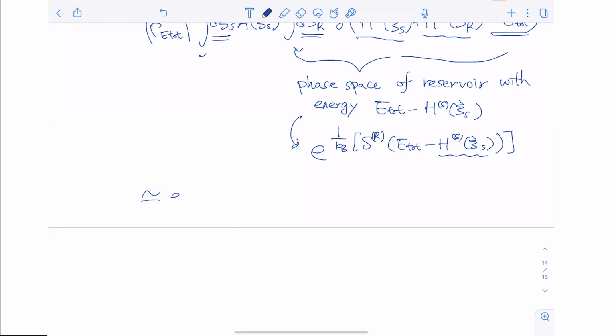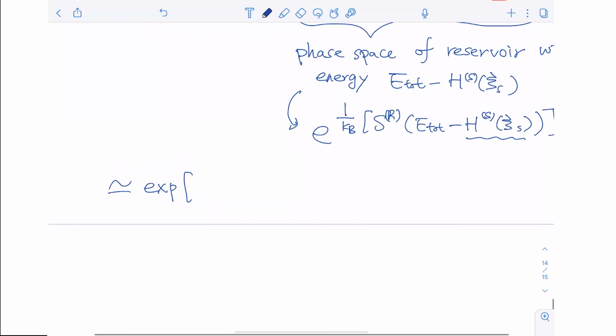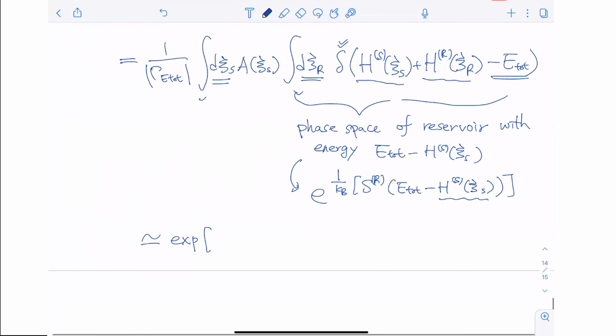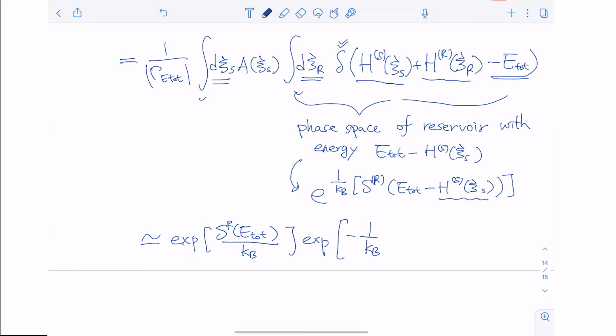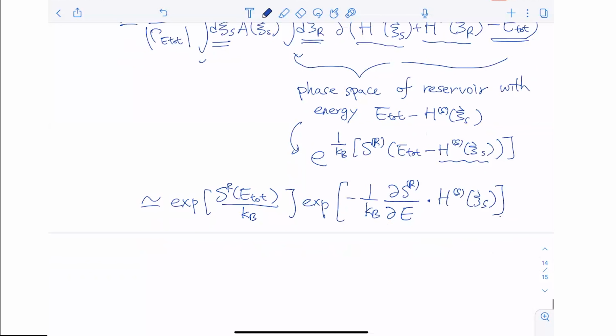I think we should have a course called Usefulness of Taylor Expansion. But anyway, you will see this exponent can be expressed like this, at least to leading order.